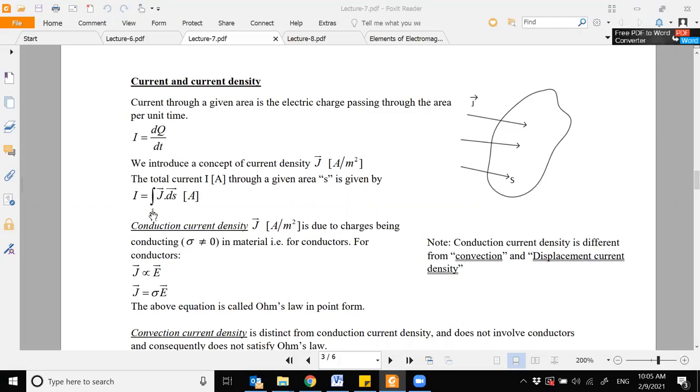Therefore, if you integrate J bar dot product with this cross-sectional surface, we get the current passing through this given area, which is S. Okay, so this is the definition of current, and this is the current density.